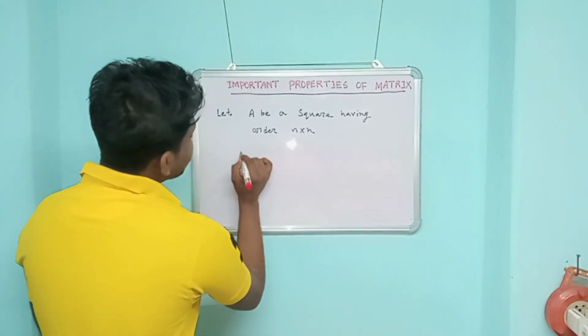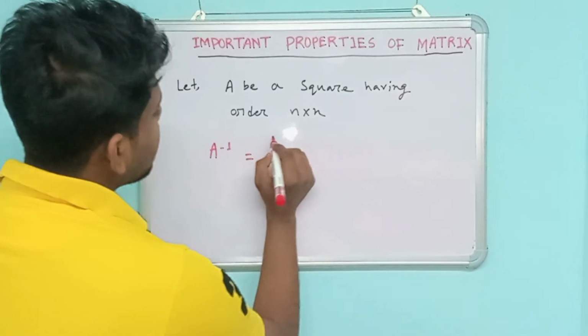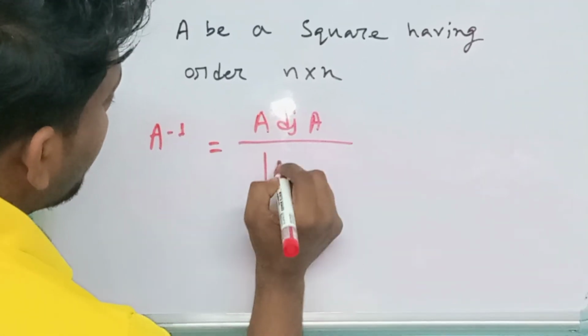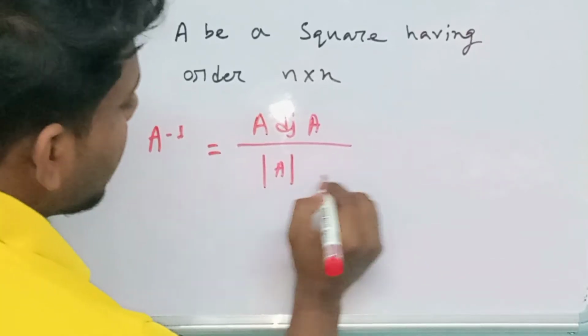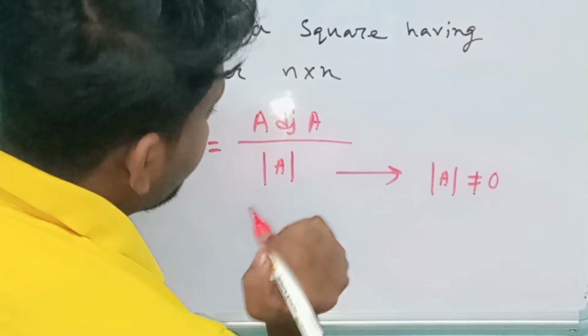Next, what is A inverse? You all know A inverse means adjoint of A divided by mod of A, where mod of A not equal to 0.